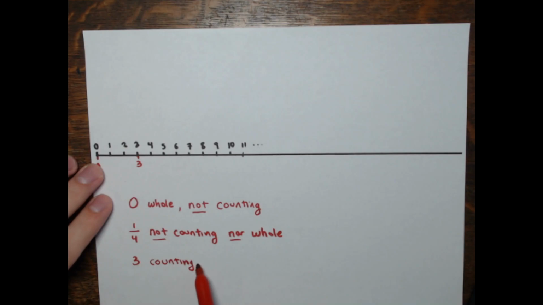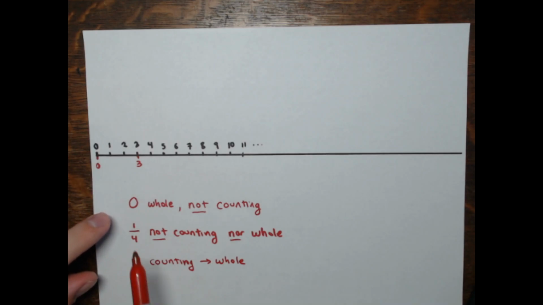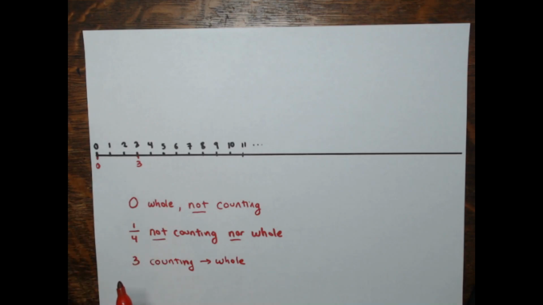And if you're a counting number, then you are a whole number. All the counting numbers are whole, but not all of the whole numbers are counting, as we saw with 0. That's the only whole number that is not a counting number.